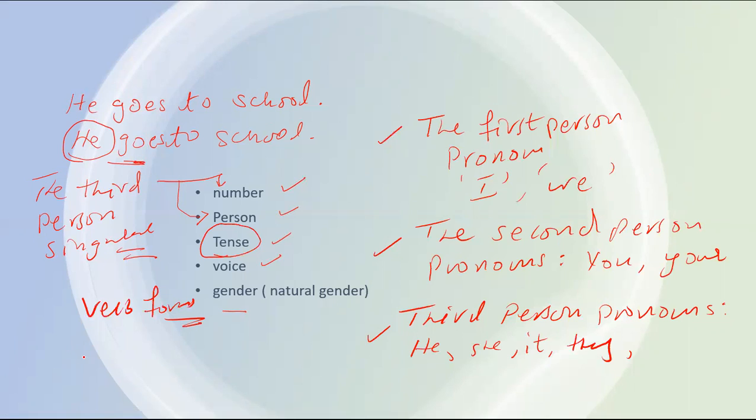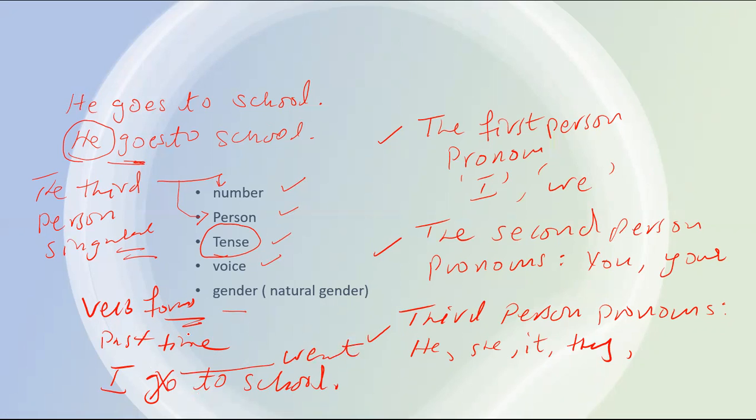For example, if I want to talk about past time, I cannot say I go to school. This is entirely wrong because I want to talk about past time, so I need to have the past verb form, that is went.